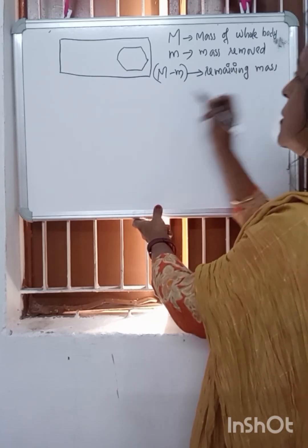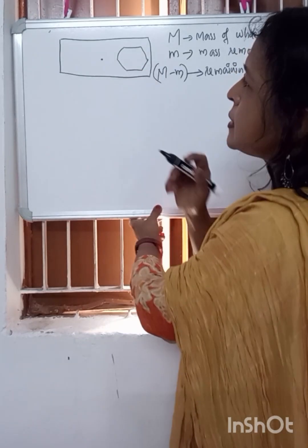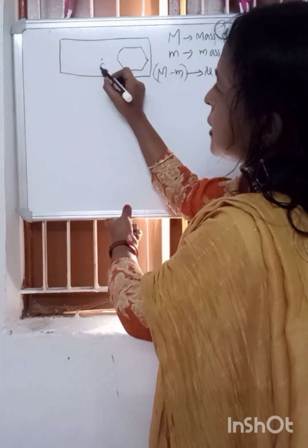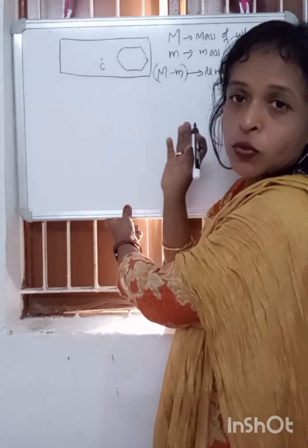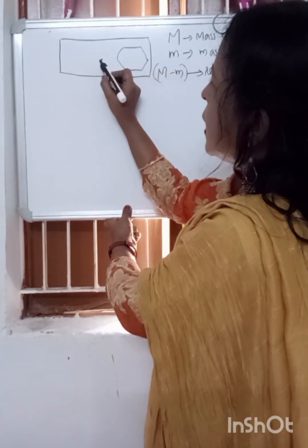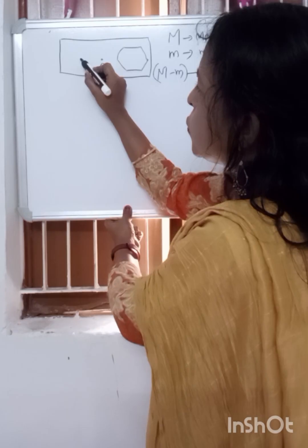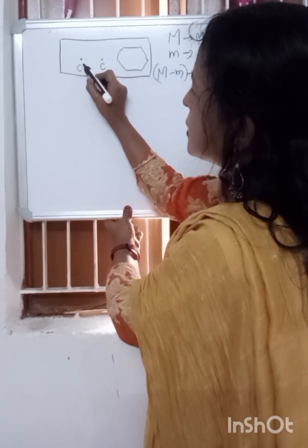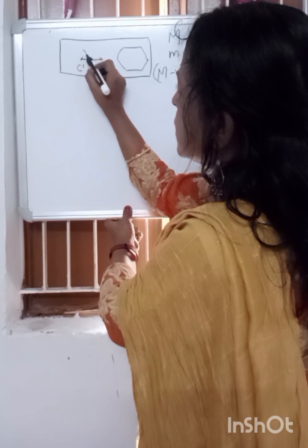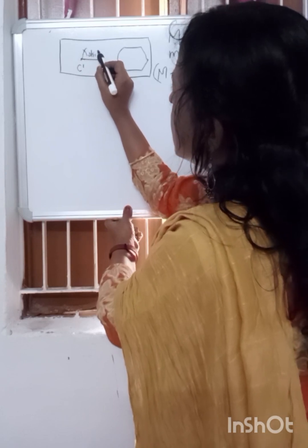Suppose initially this is the center of mass of the system, and I am taking this as C. This is the original center of mass of the system. Suppose this much mass is removed, then the center of mass will shift to this point, suppose this is C dash. This much distance is the X shift of the center of mass.